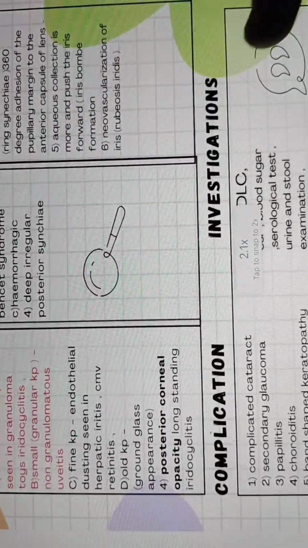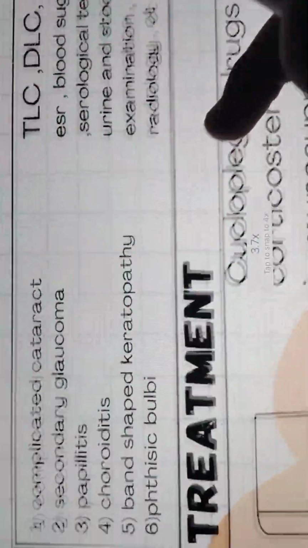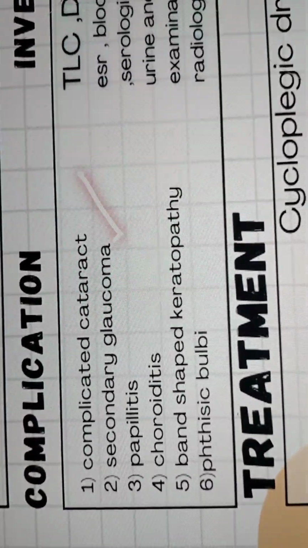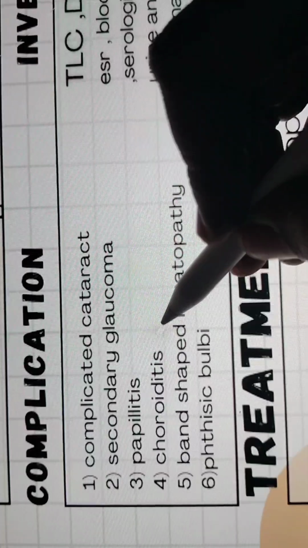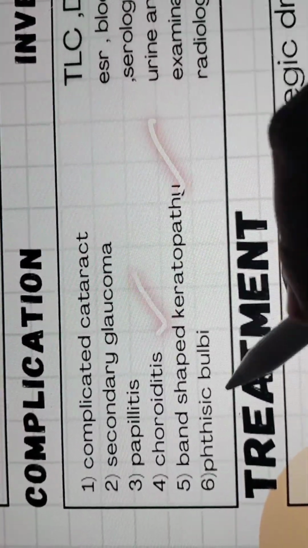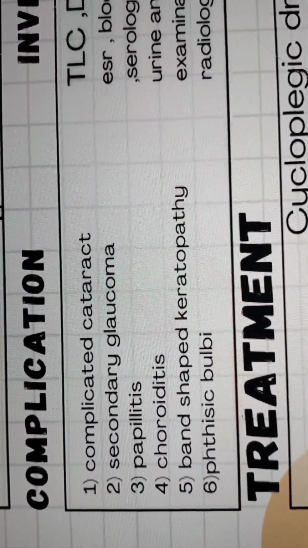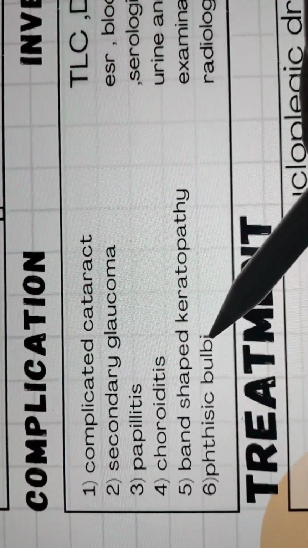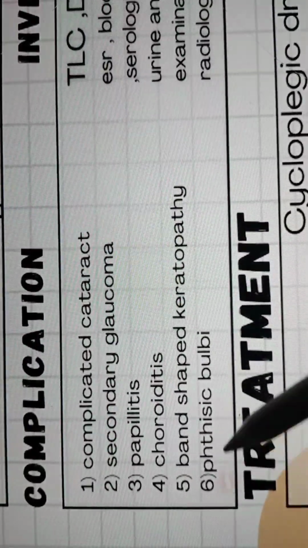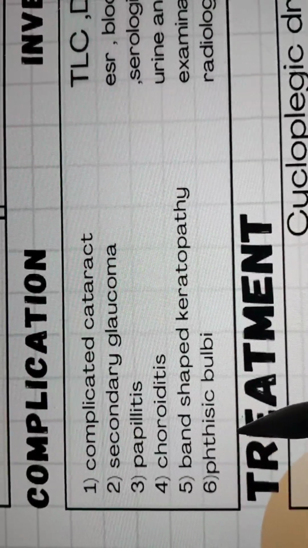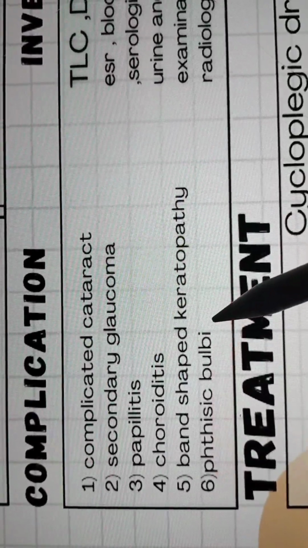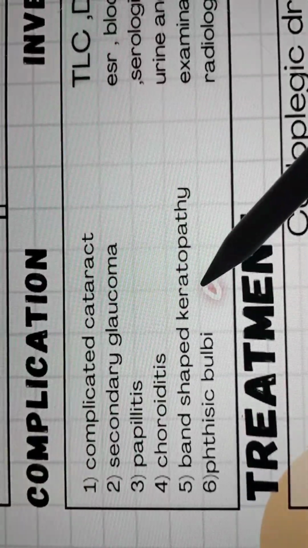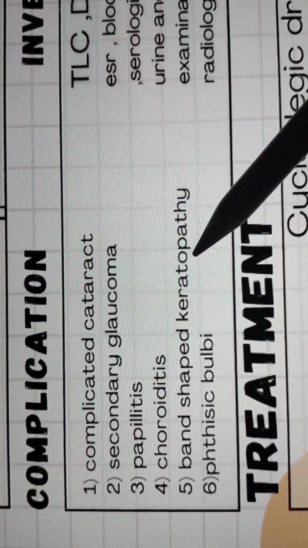Now we will be moving on to the complications and investigation. First, your complications are complicated cataract, secondary glaucoma, papillitis, choroiditis, band-shaped keratopathy, and phthisis bulbi. So what is phthisis bulbi? It is nothing but the final end stage, a form of chronic uveitis, where the eye becomes soft and shrunken, and you will be having atrophy.